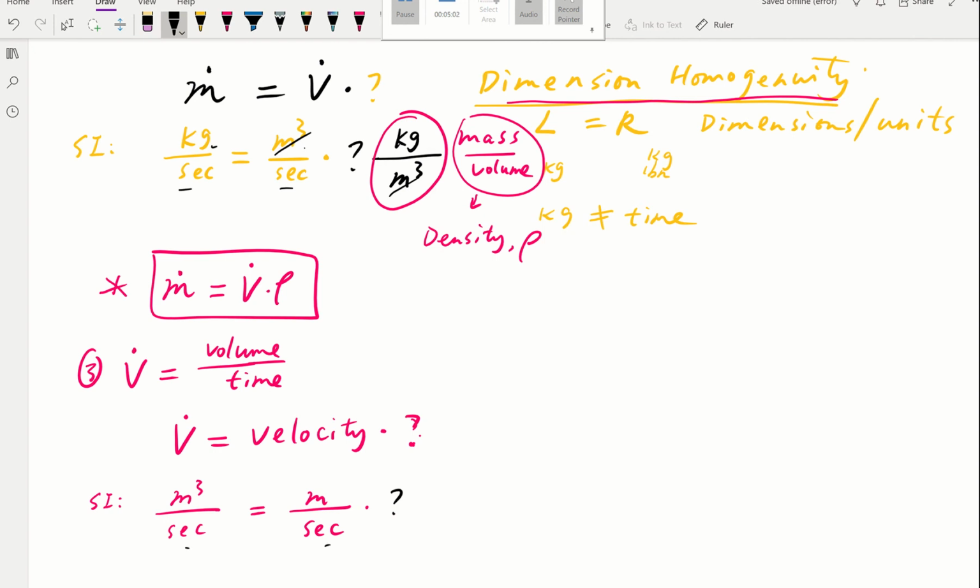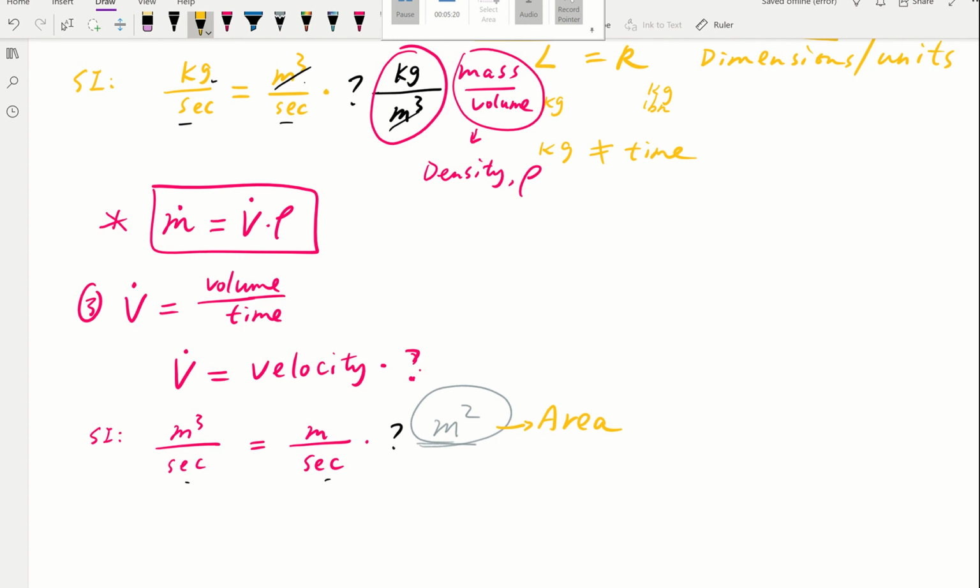They both have seconds, so this one will be equal to meter squared. What is meter squared? That's going to be our area. So we have another equation for volume flow rate: volume flow rate is velocity times the cross-section area. Those are two important equations.